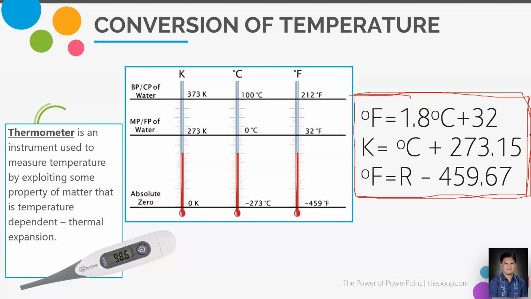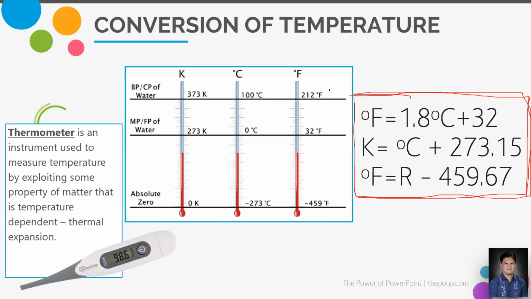And next is from Kelvin to degree Celsius and vice versa, we will use Kelvin is equal to degree Celsius plus 273.15. And last, for the degree Fahrenheit to Rankine or vice versa, we will use degree Fahrenheit is equal to Rankine minus 459.67.